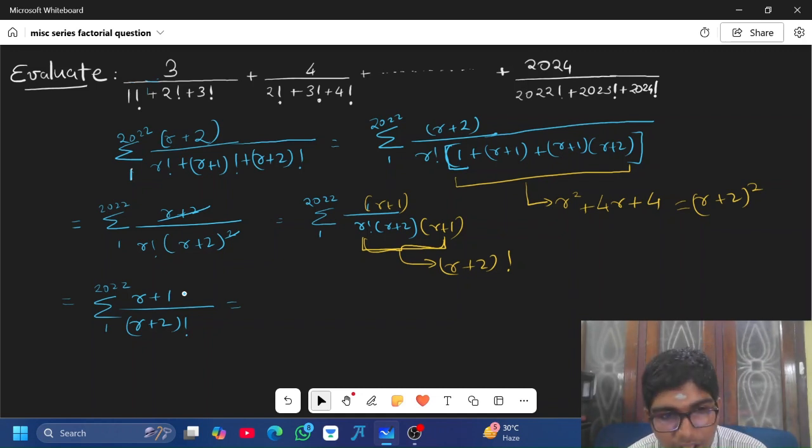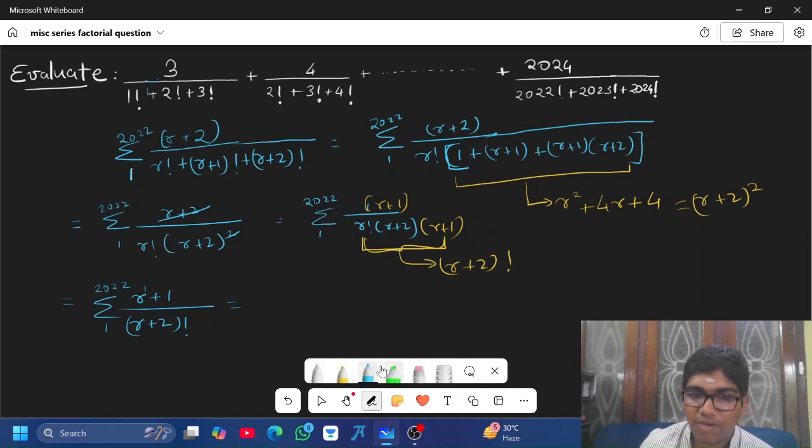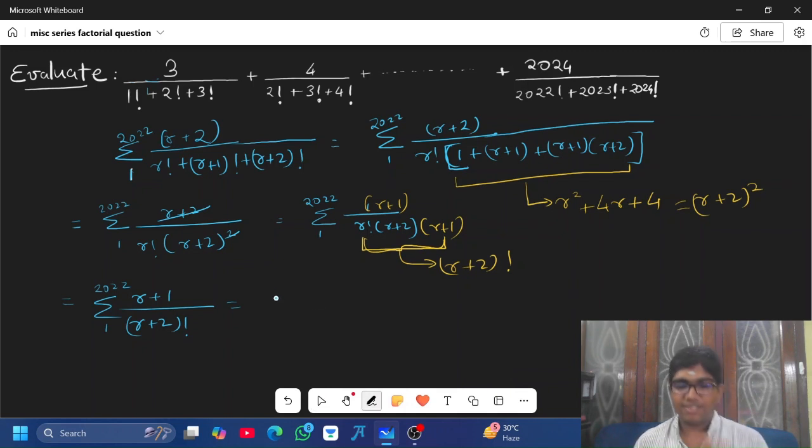Whenever r plus 2 factorial or r plus 3 factorial, some factorial, comes in the denominator, check the degree of the polynomial in the numerator. Here, r plus 1 has degree 1, r raised to 1. So check the degree and create factorials from r plus 2 going backwards of the same degree. You will get my point.